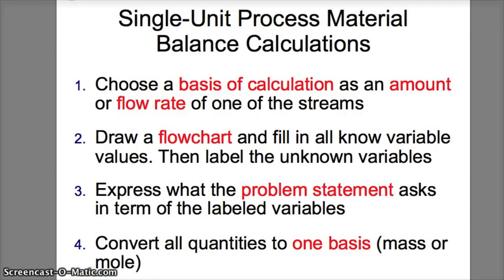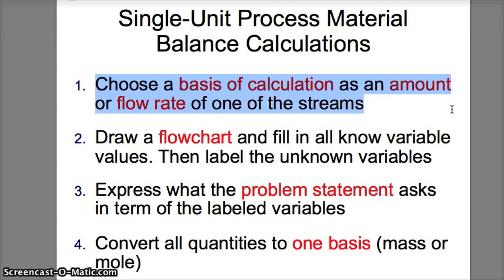This is more of an SOP, or standard operating procedure, to solve a single unit process material balance calculation. So this is basically a step by step on how to solve a material balance calculation. The first is, like I showed you before, to choose a basis of calculation as an amount or flow rate of one of the streams.